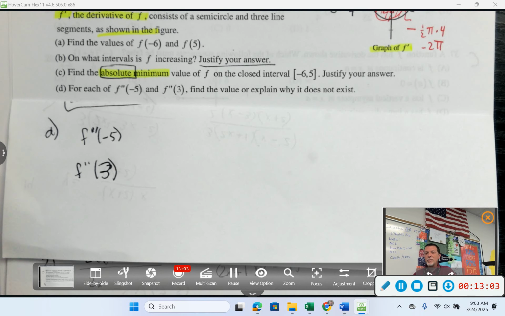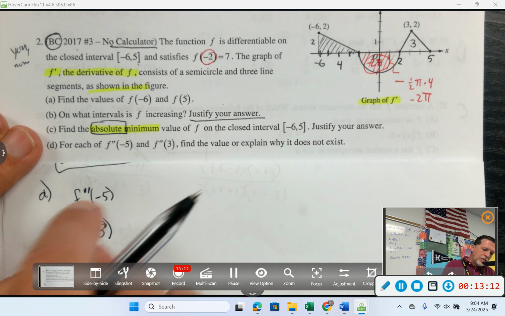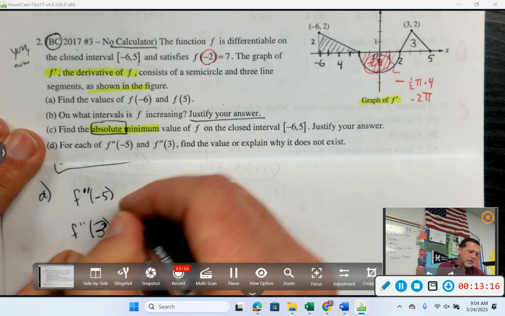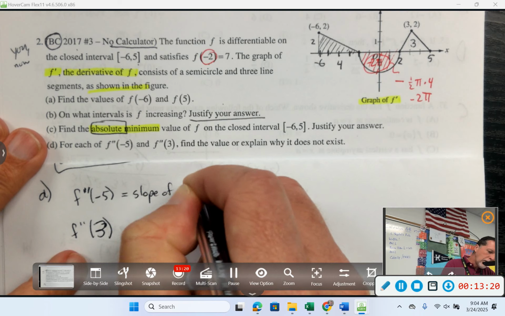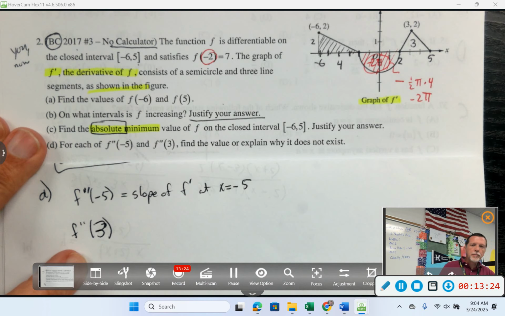I haven't done this problem in a long time, but since they gave me 2 of them, I'm going to guess that one of them exists and one of them doesn't, but we'll see. So how do I get f double prime if I'm looking at the graph of f prime? Slope. So this is the slope of f prime at x equals negative 5.